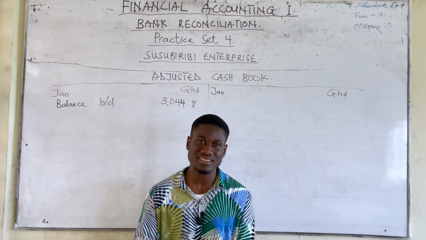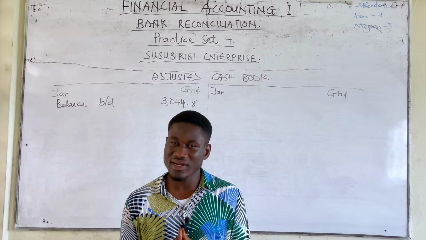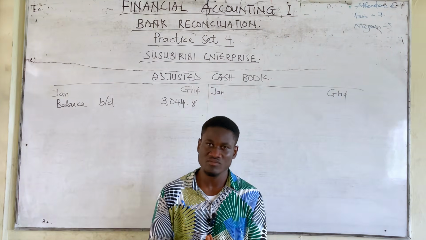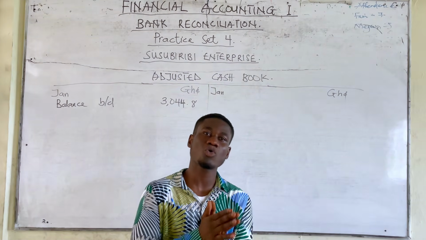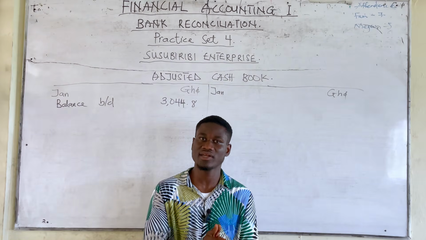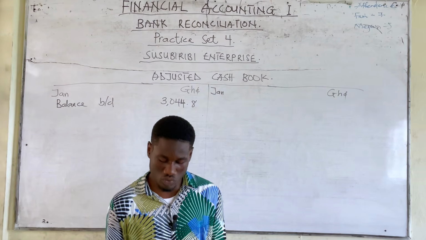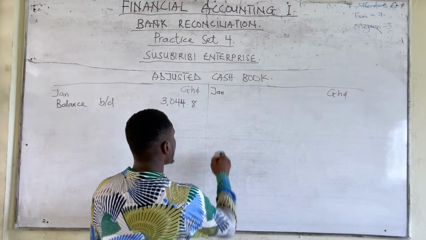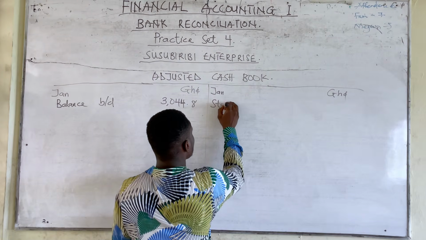But you could see that the bank has debited 230 as standing order, but in the cash book there is no credited amount as 230. So we are going to correct that error by writing that 230 there.